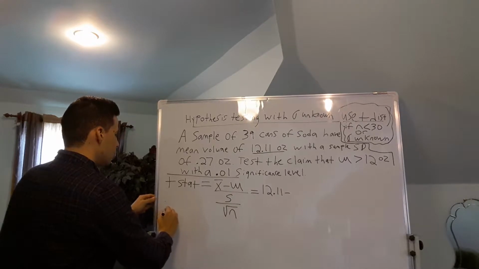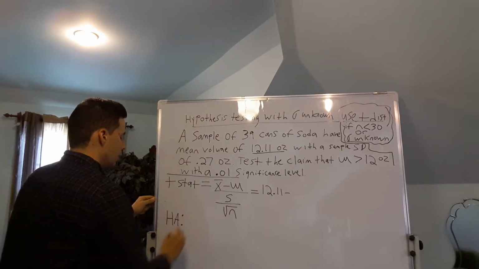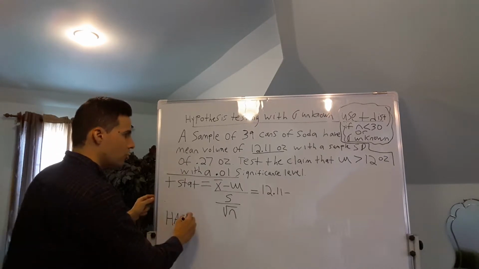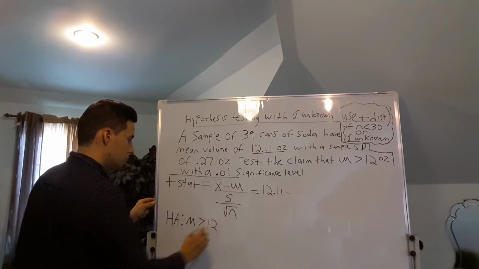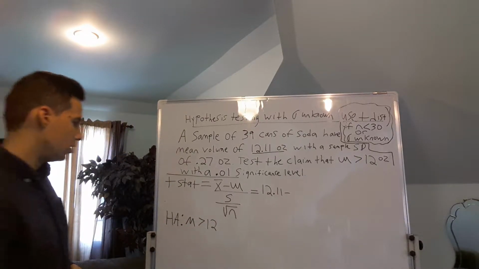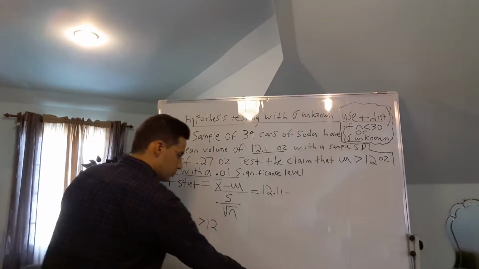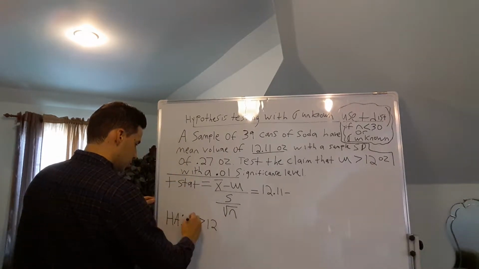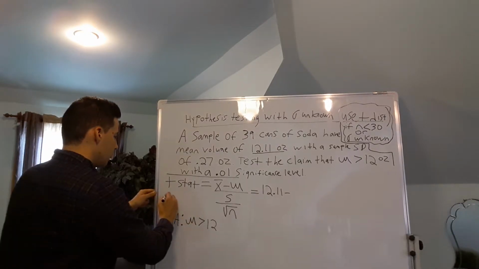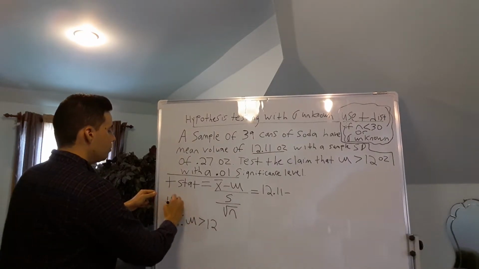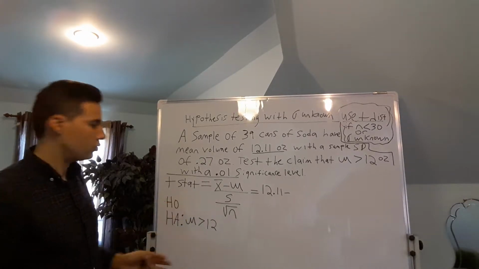Okay, so this is a hypothesis test. HA, the alternative hypothesis, is what we're trying to show: that mu is greater than 12. The null hypothesis would be that the mean actually is 12, not greater than 12.